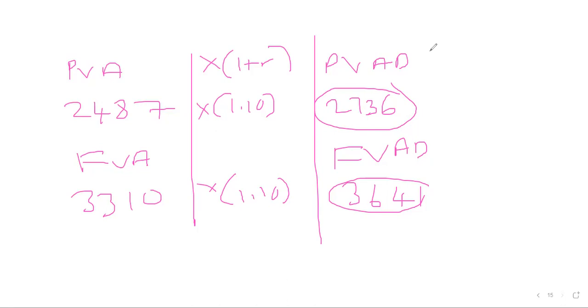Excellent. Question number 2. We have a particular interest rate, which is called the effective annual rate. What does it measure? What is an effective annual rate? And perhaps give me the formula.